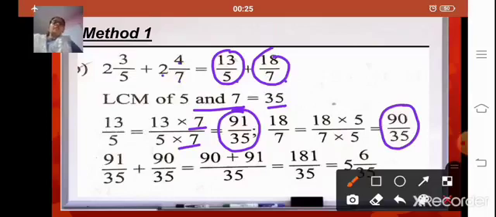Now both the denominators are the same, so you can add 90 plus 91, which will give you 181 upon 35. And when you divide 181 by 35 to make it into a mixed fraction, you will get 5 whole 6 upon 35. So this is the first method, by making the fractions like fractions and then adding. Okay.